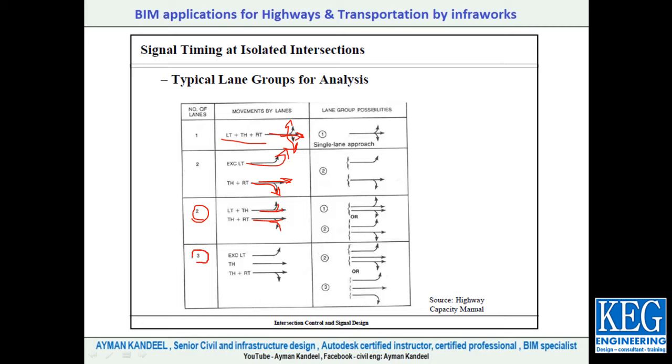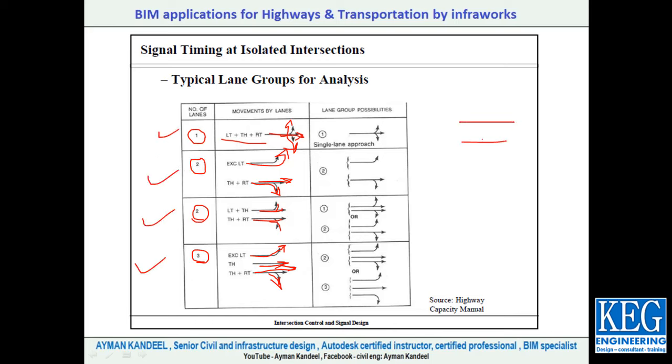In the case of 3 lanes, I'll go with separate left turn, right turn with through, and 1 through. So this is the expected movement for the number of lanes for each intersection.